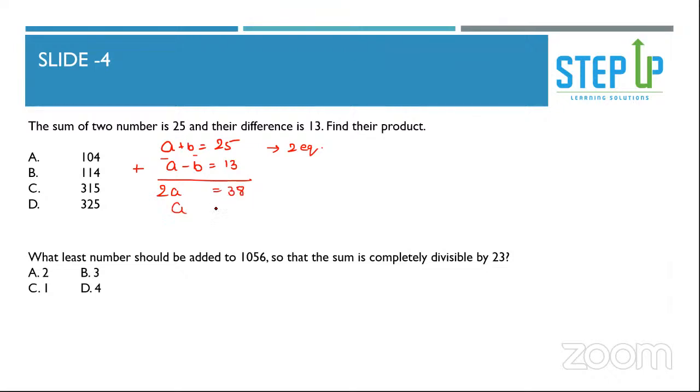It means that a is equal to 19. Since a plus b is equal to 25, b is equal to 25 minus 19, which is 6. So b is equal to 6. 19 into 6 is what? 60 plus 54, 114. So the answer is 114. Fairly simple.